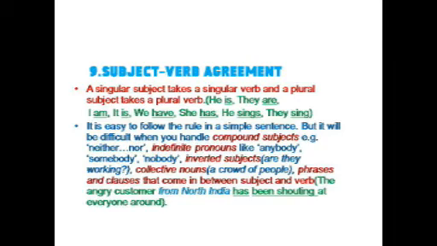The phrase is from North India. Otherwise the sentence would look like the angry customer has been shouting. That is very easy for us because the customer is singular, so we have the verb has been. But when the phrase comes in between the subject and the verb, it can cause problems for us.